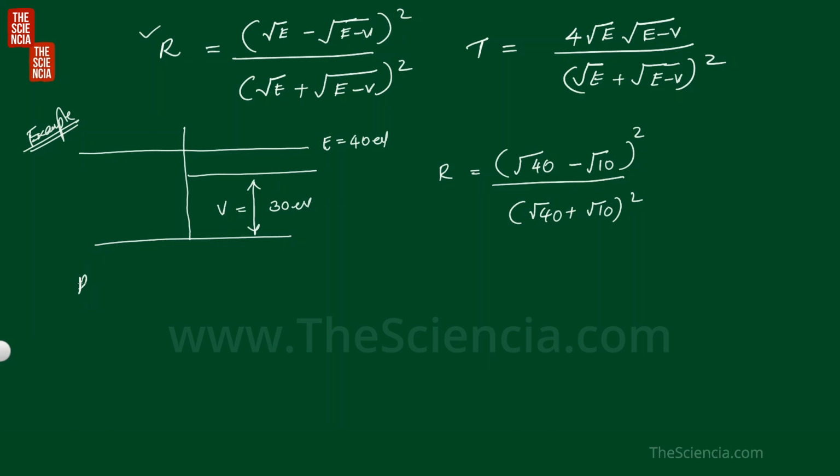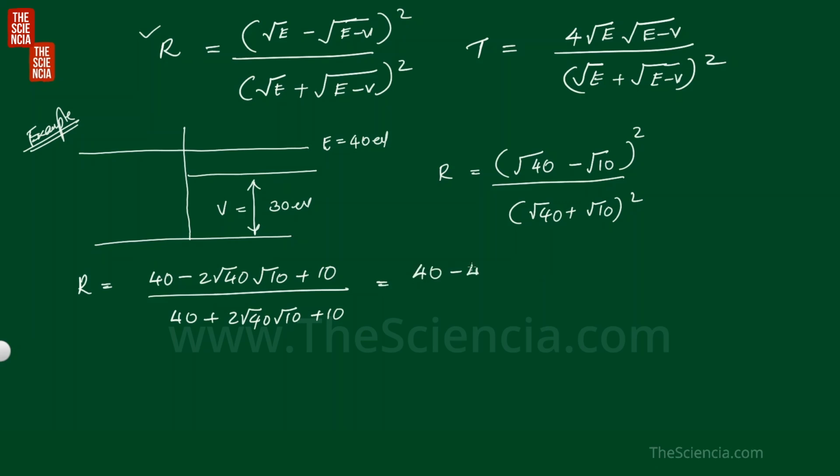So we will get R is equal to, we have to take the square of this term, that is 40 minus 2 root 40 into root 10 plus 10 by 40 plus 2 root 40 root 10 plus 10. So what will be the value? That is equal to 40 minus 40 plus 10 by 40 plus 40 plus 10. That is, we got 10 by 90, that is 1 by 9.